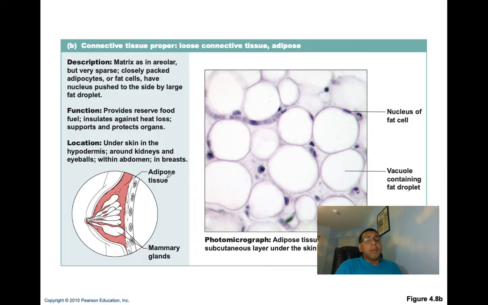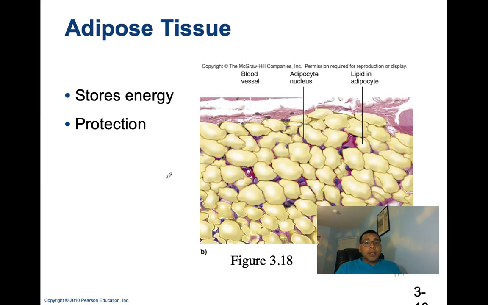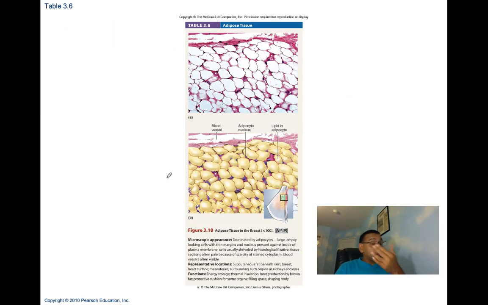It's found in the back of babies because they lack the ability to produce heat by shivering. Next, we can see more pictures of adipose.